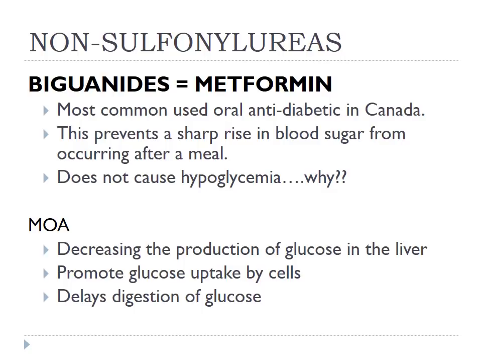It causes a slower digestion in your GI tract, which means a nice slow release of glucose into your bloodstream instead of a big spike. And it stops the overproduction of glucose by your liver, so it shuts down that glucagon glycogen pathway as well. That's pretty good. It allows you to use what you've got, but use it more efficiently.